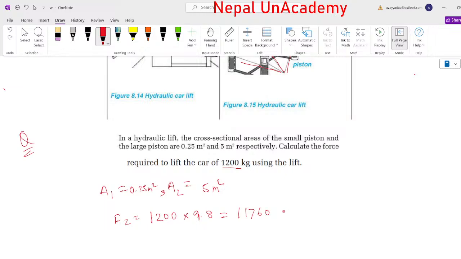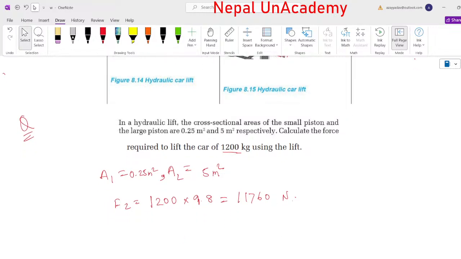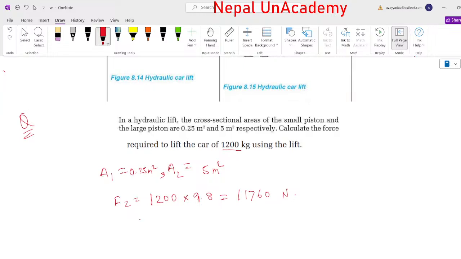11760 Newton. Now we have already seen from Pascal's law, F1 by A1 is equal to F2 by A2. You can just put it in the formula and you will get the answer.